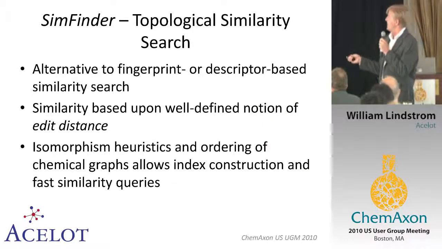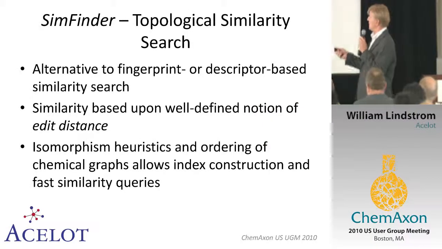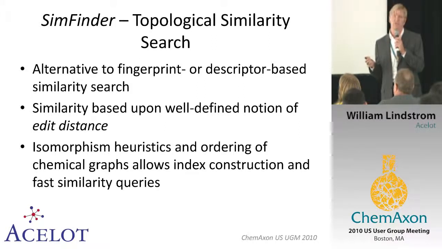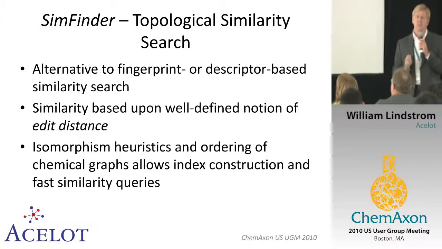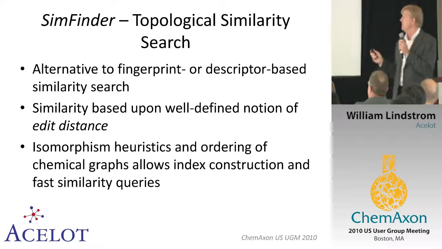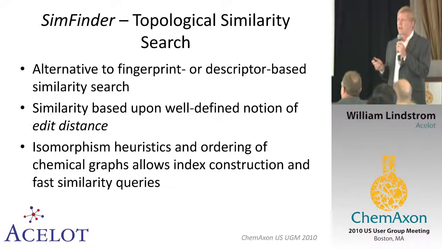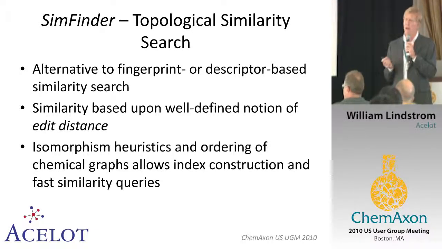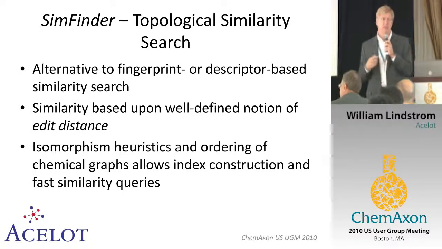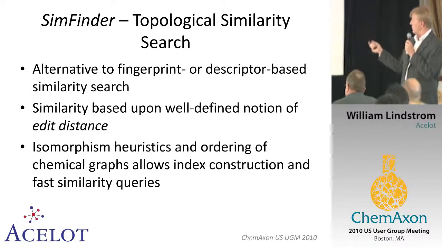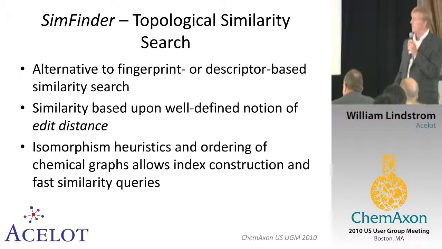So our similarity search technology, SimFinder, we are positioning as an alternative to fingerprint and descriptor-based similarity search. And the disadvantage that we have of being in the graph domain is the computational complexity there. That's the whole reason that we go to fingerprints and descriptors to do chemical similarity search.